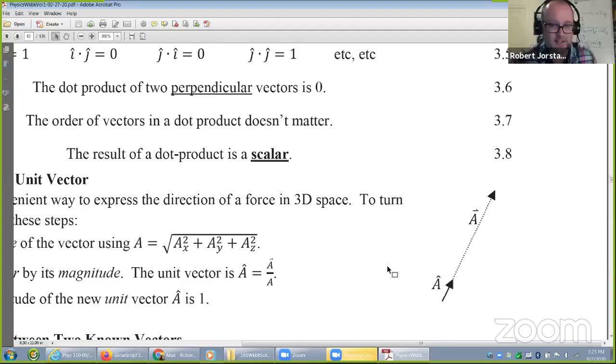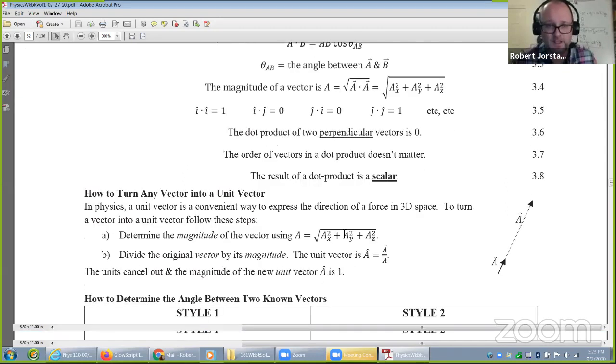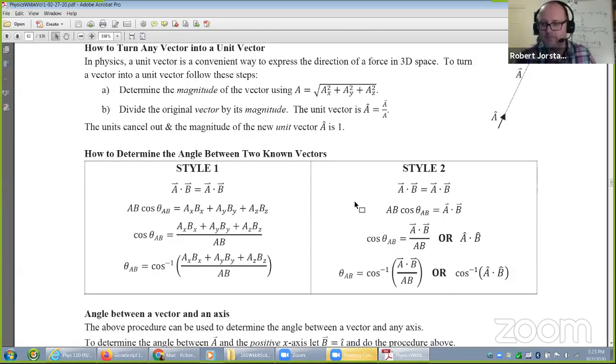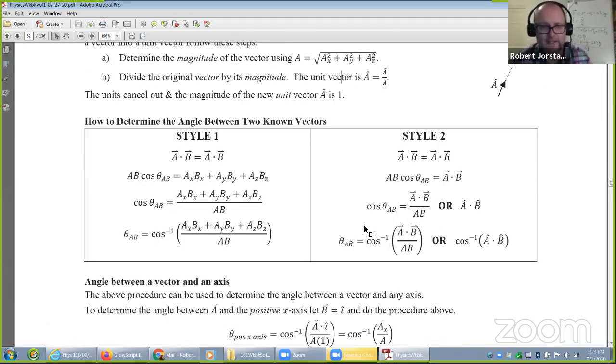Okay, all right. Let's see what's next. Angle between two vectors. Okay, so let's go to work here. Now, I could tell I'm slightly slower than my last lecture, and that's my fault.